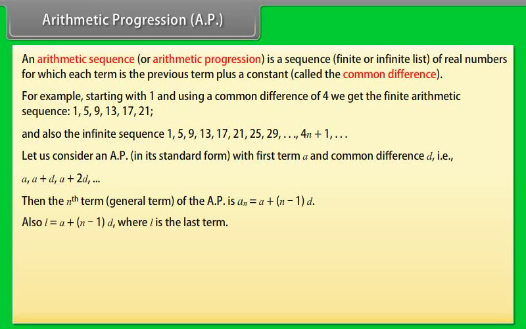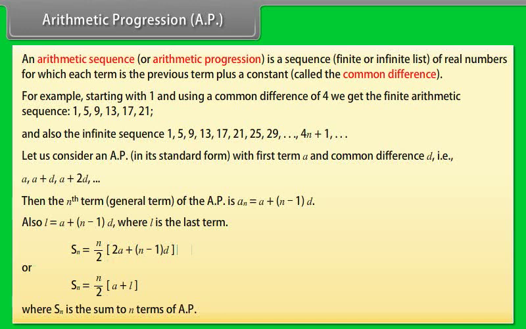Also, l = a + (n - 1)d, where l is the last term. Also, Sn = n/2 [2a + (n - 1)d], or Sn = n/2 (a + l), where Sn is the sum to n terms of an AP.